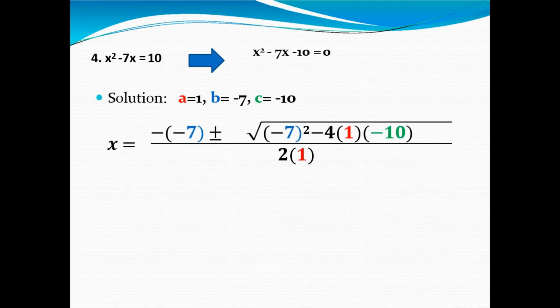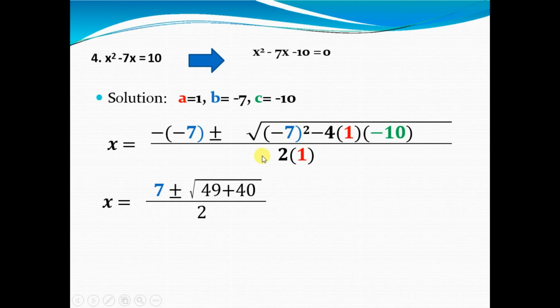Using our quadratic formula, we have negative of negative 7 plus minus square root of negative 7 squared minus 4 times 1 times negative 10, all divided by 2 times 1.